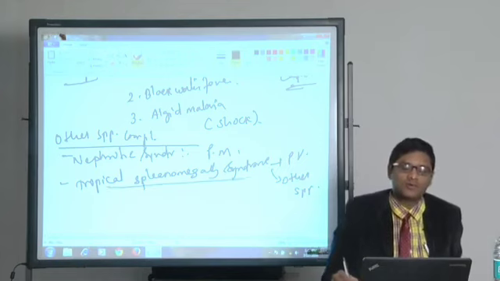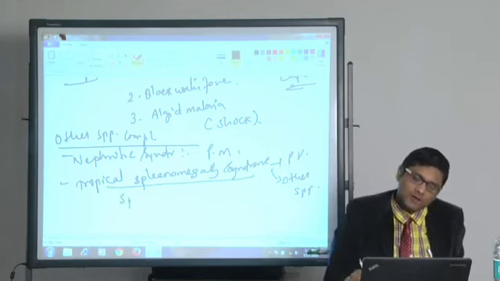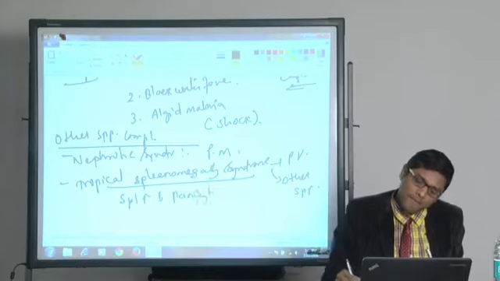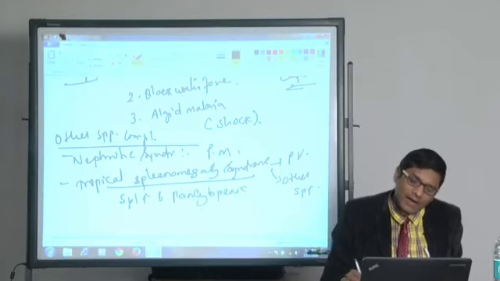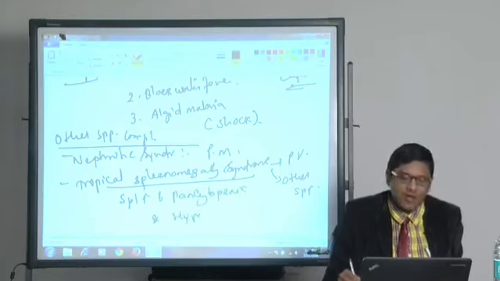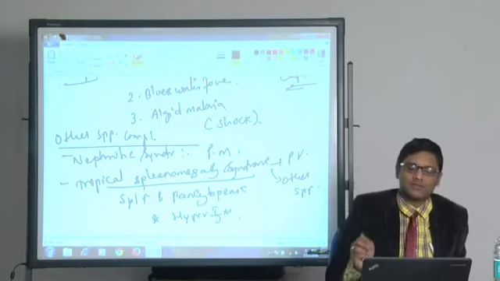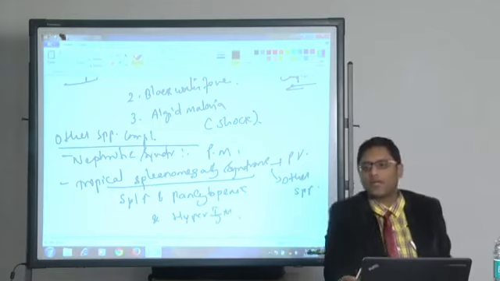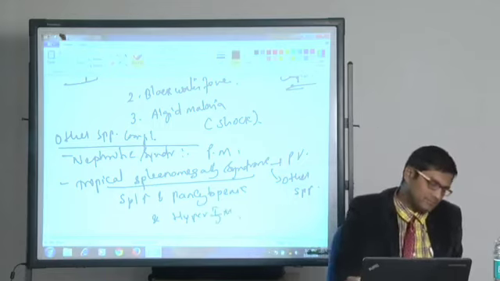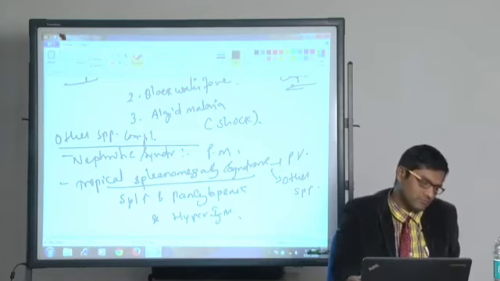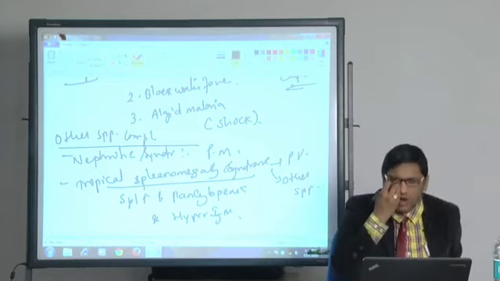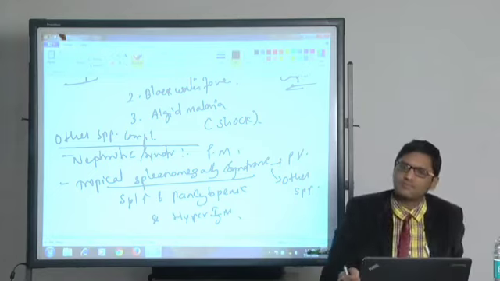Tropical splenomegaly syndrome is characterized by three components: splenomegaly, pancytopenia and hyper IgM. So all these are various manifestations.